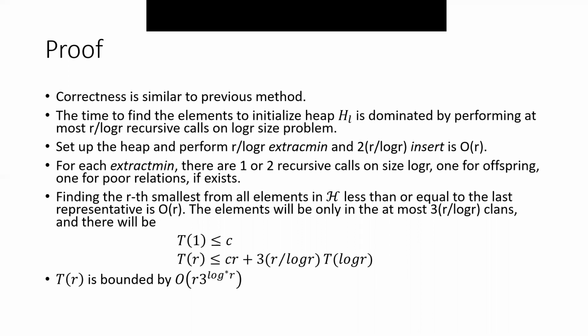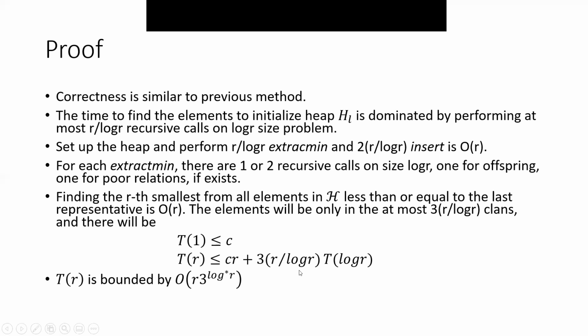When R is equal to 1, T(1) is less than or equal to C. And when R is greater than 1, T(R) is bounded by C times R plus 3 times R over log R times T(log R).